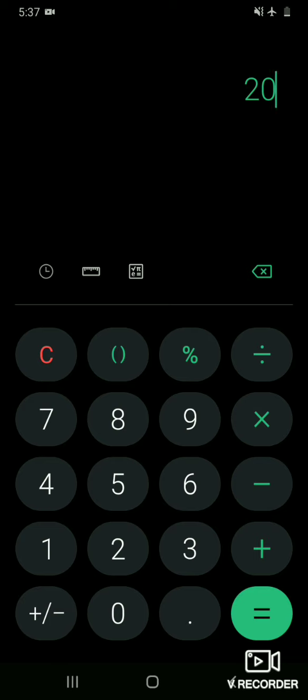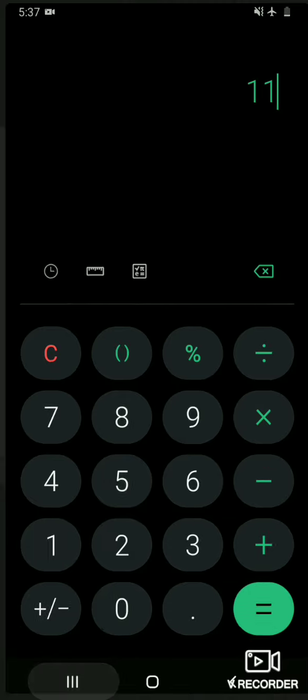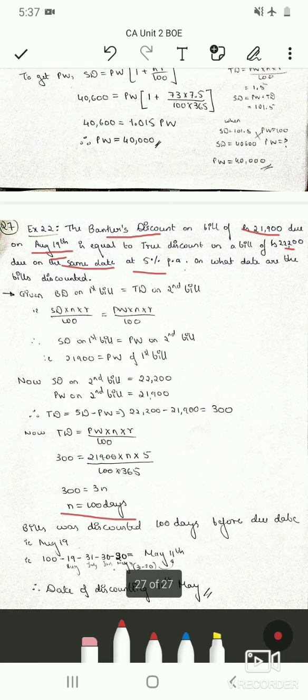Then the remaining is May, which has 20 days. So if May's 20 days is done, so 20 days is considered. So 31 minus 20, it is 11. So on May 11th, the bills were discounted. If you want to verify, add from May 11th till August 19th, you have to get n as 100 days.